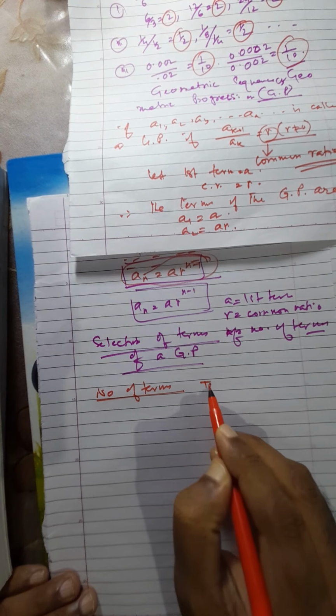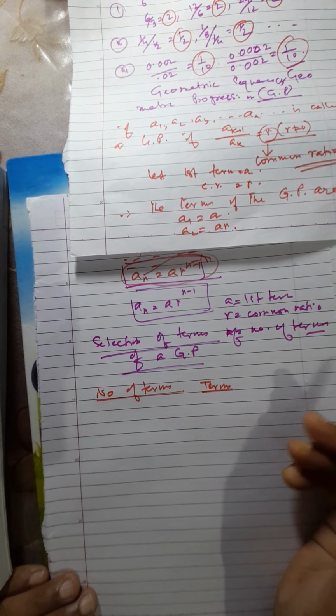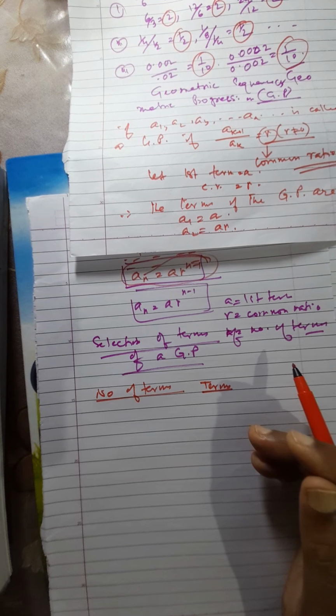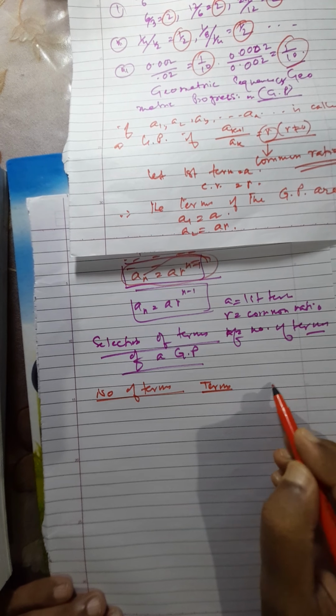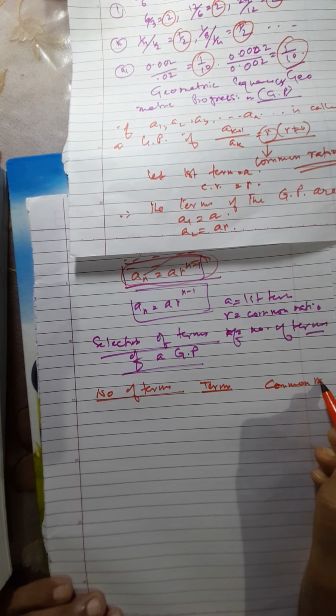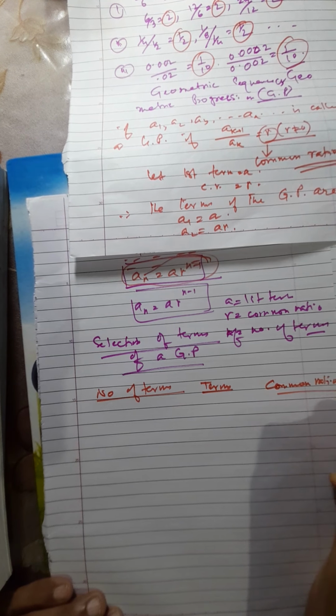Like before, the AP selection of terms. If it is related to two terms, then what do you have to assume? If it is related to three terms, what do you have to assume? Common ratio. The question may be asked anyway.